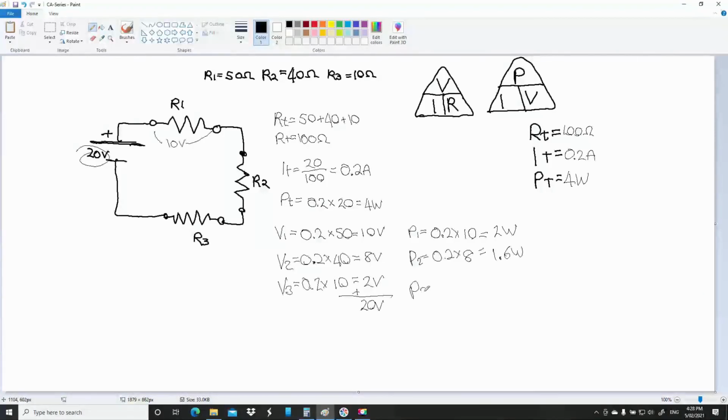P3 equals 0.2 multiplied by 2 equals 0.4. Add them all up, you've got 4 watts. Yep, that's what we got here. They all work. So if these come out slightly different on your figures, it might be just a rounding error.